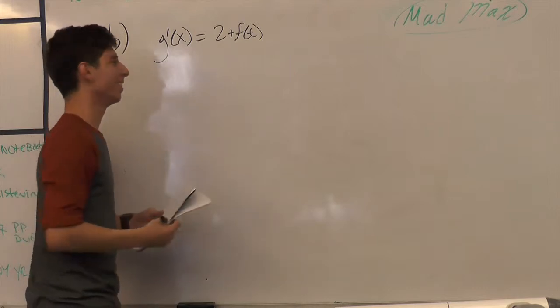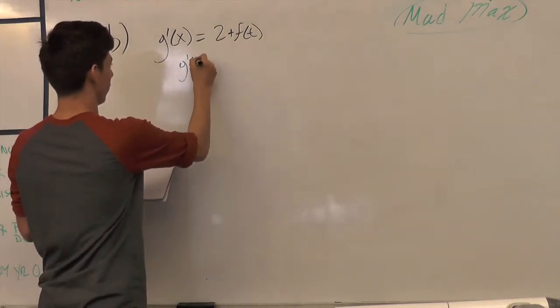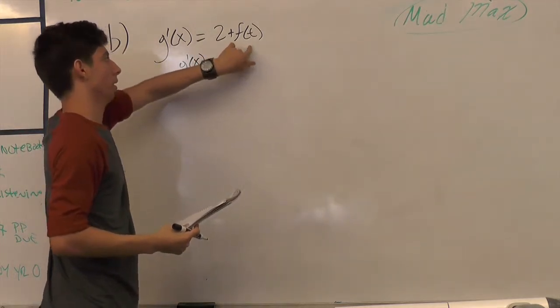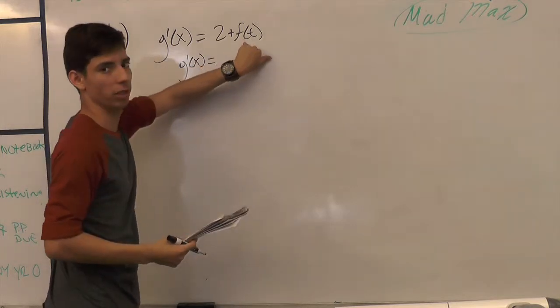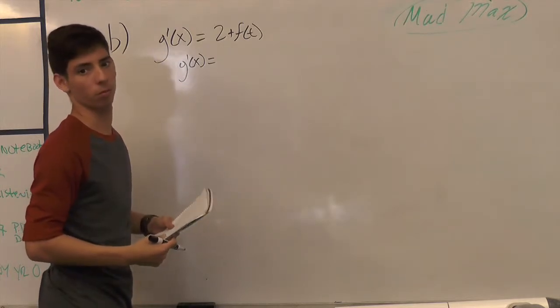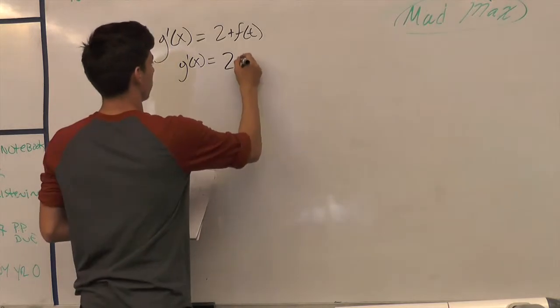So what value of f of t will make g prime of x equal 0? That's right, -2.